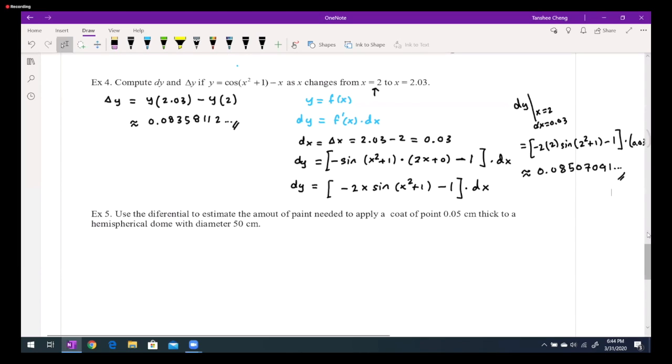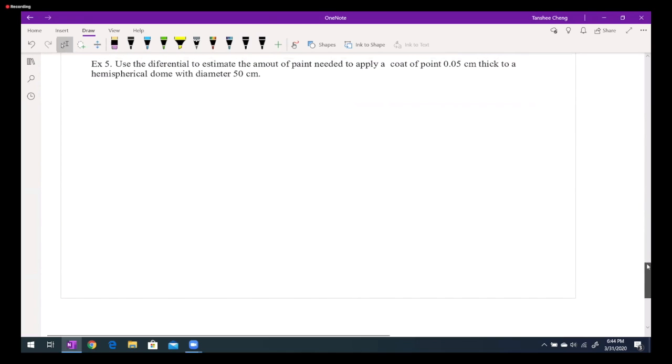So moving on to the last example, and this is where you will really see why this differential idea is a lot more useful. Example 5 is talking about using the differential to estimate the amount of paint needed to apply one coat of paint, that is 0.05 centimeter thick, to a hemisphere dome with a diameter of 50 centimeter.